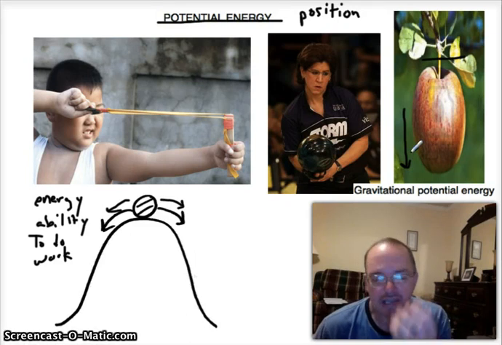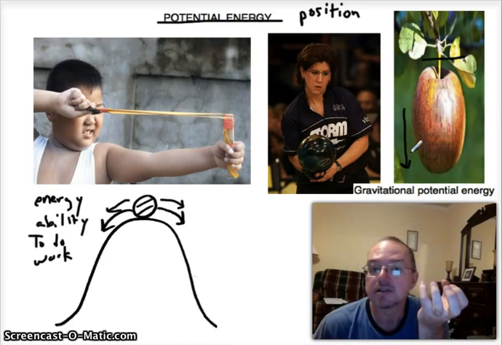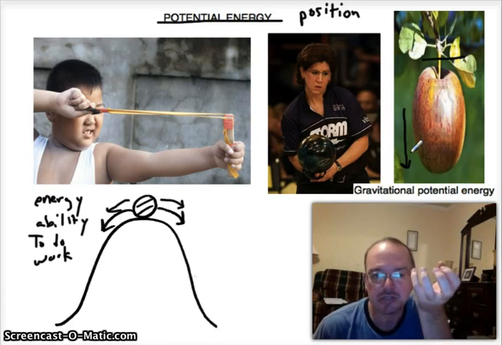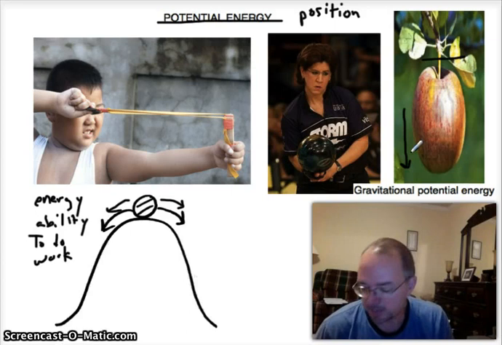So even though the apple is just sitting there, and has sat there all its existence, it has potential energy that it will fall one day. And that kind of potential energy we're going to define as gravitational positional energy.